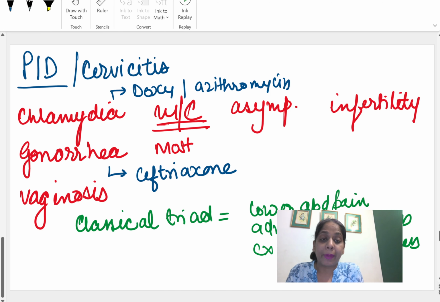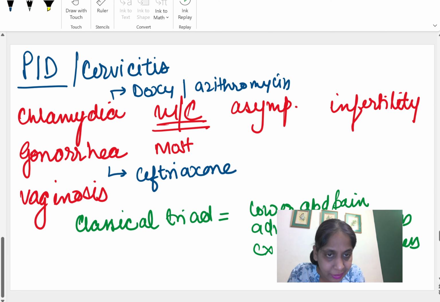Okay, so chlamydia: the drug of choice for chlamydial infection is doxycycline, and another drug for chlamydia is azithromycin. Another organism which causes cervicitis or PID is gonorrhea.